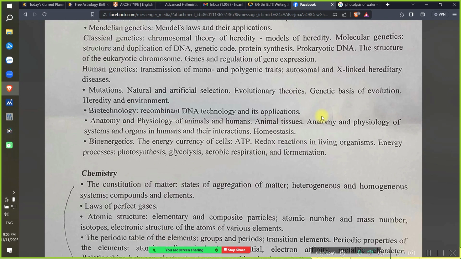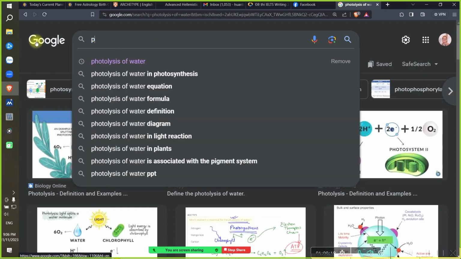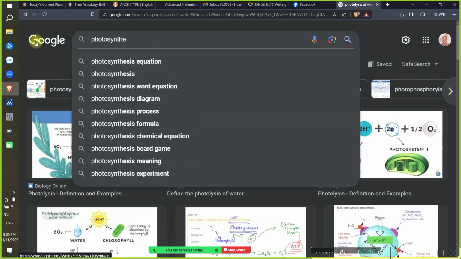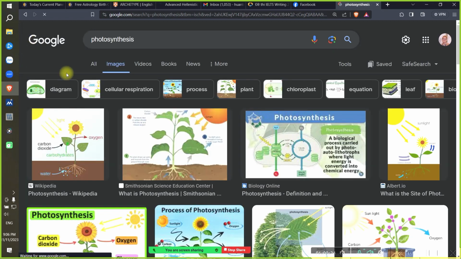Okay. I have drawn a very clear picture of the link between the light dependent reactions and light independent reactions. Yeah, but it's kind of hard to explain in here. I know it's hard to explain because it's hard, okay? Okay, let's look at the picture.